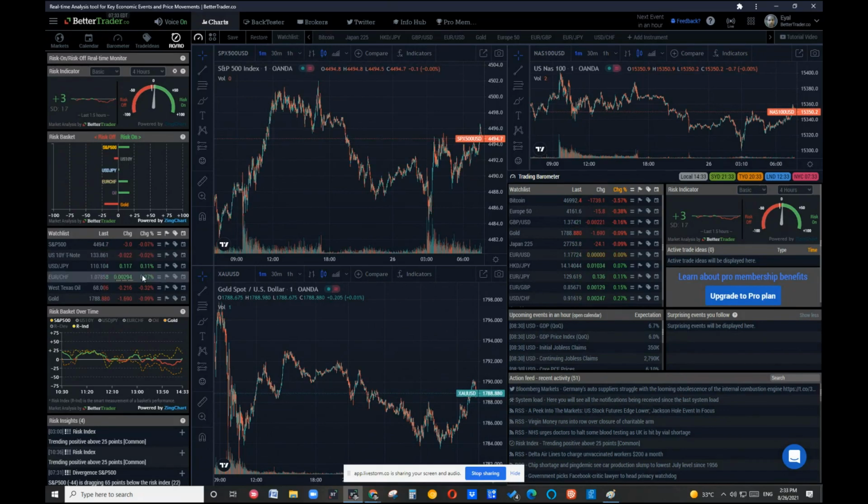When it's heading up, you see it in red. And when there is momentum down in this instrument, you will see it green. So all the colors here are already converted to the mood. If you see red, it means bad mood in the market. And if you see green, it means that it's good mood in the market. It doesn't mean that specifically each instrument is going in this direction.